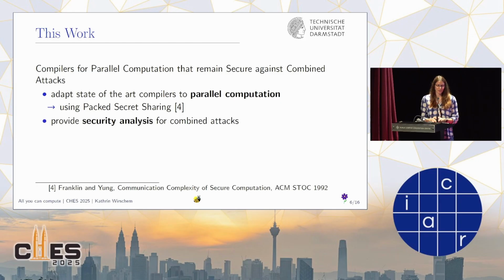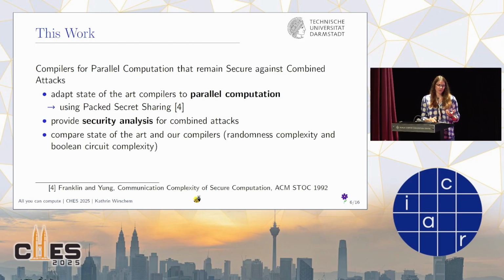We then prove everything to be secure against our combined attacks, and in the end compare the state-of-the-art compilers in polynomial secret sharing, as well as one for Boolean masking, to our compiler in terms of randomness complexity and Boolean circuit complexity.